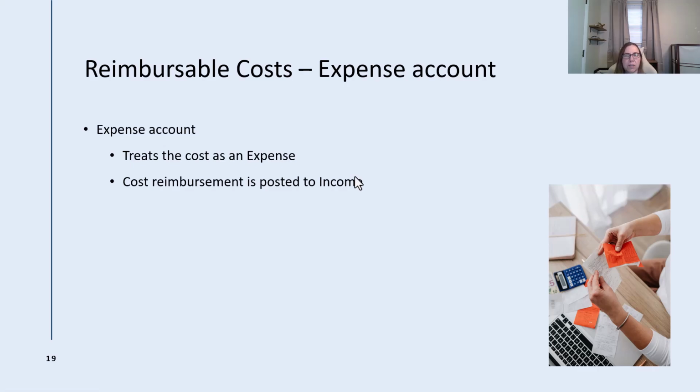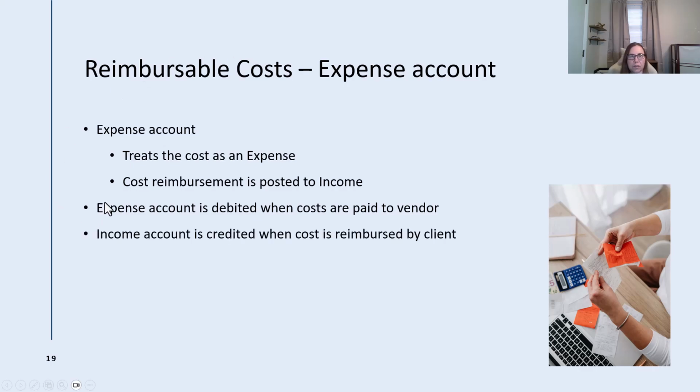And then let's look at what it would look like if it was treated as an expense account. If using an expense account, the cost would be treated as an expense, and the cost reimbursement would be posted to income. The expense account would be debited when the cost is paid to the vendor, just like any other expense. And when they get reimbursed by the client, it would show in income.